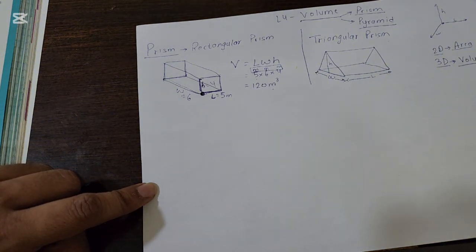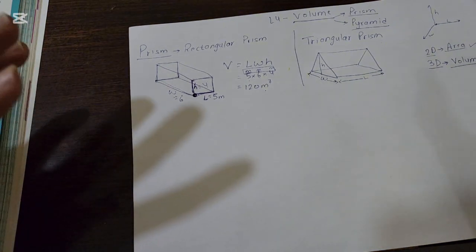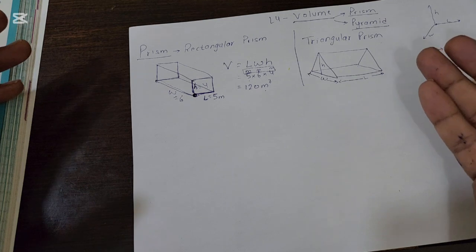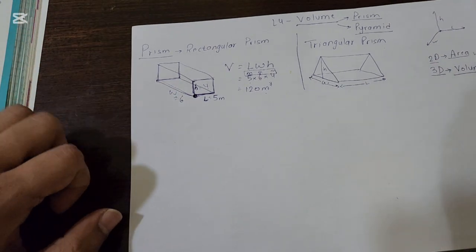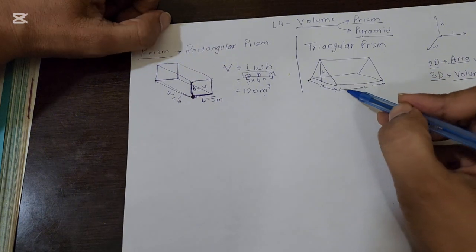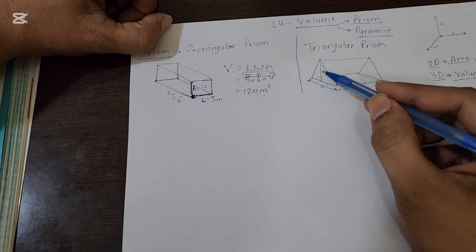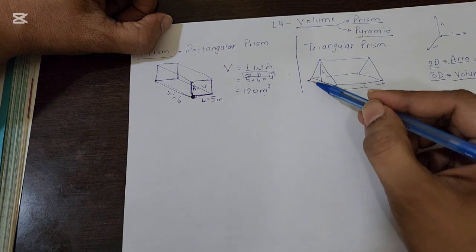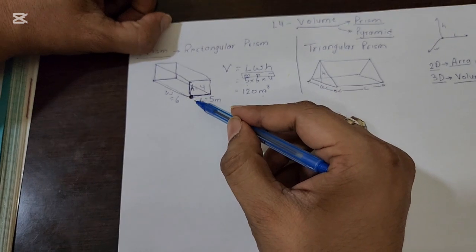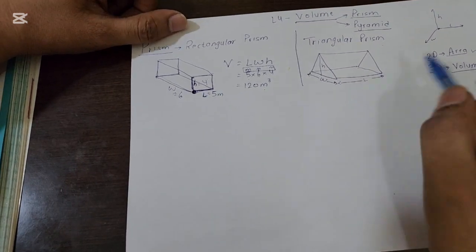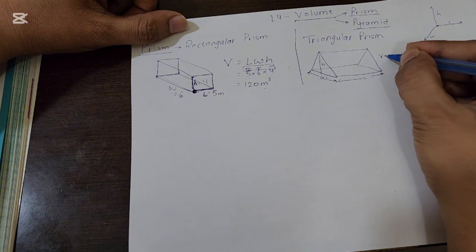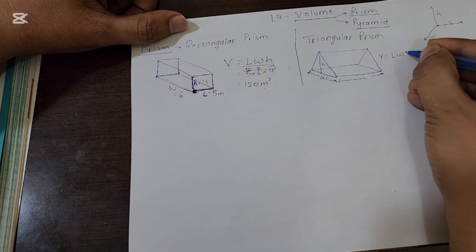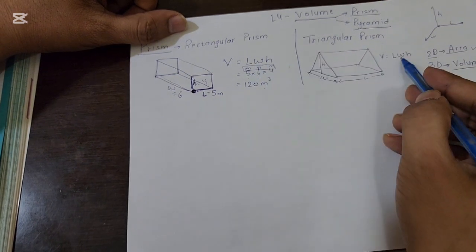There is a different method to explain the volume of this shape, but I'm telling you an easier way so that you can do it in the exam. To find its volume, you just have to multiply all of them again.